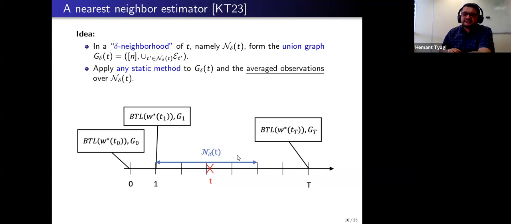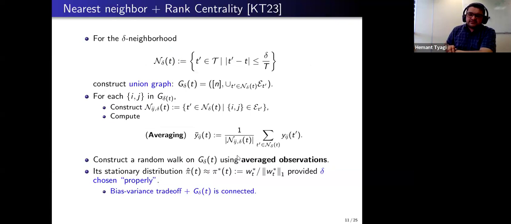The main point is how to choose delta here to balance the bias variance trade-off. So we make a delta neighborhood, which is formally given by this window, and make a union graph, taking the union of all the edges of all the graphs appearing in that window. Then for each edge in this union graph, you identify at which time points that ij was appearing in that neighborhood window, and take the average of all the pairwise information, making y bar ij.